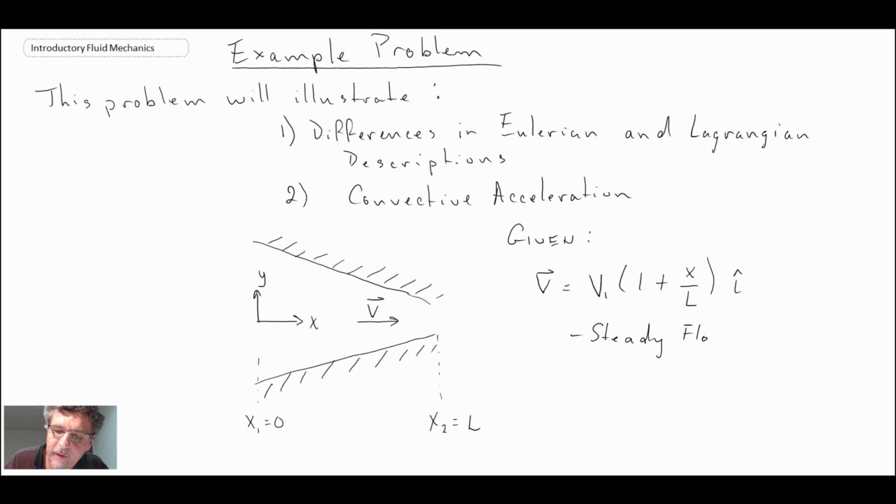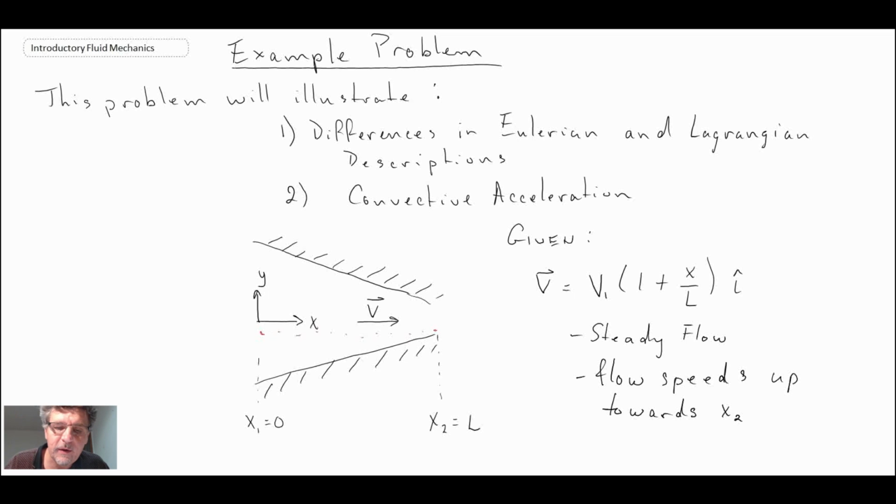The reason we know that is none of the terms are time, so the velocity is not changing as a function of time. The other thing we can conclude from this formulation for the velocity is that as the particles move from x1, from this plane, through to x2, they speed up or accelerate. So the flow speeds up, or accelerates, towards x2. So that is the problem.